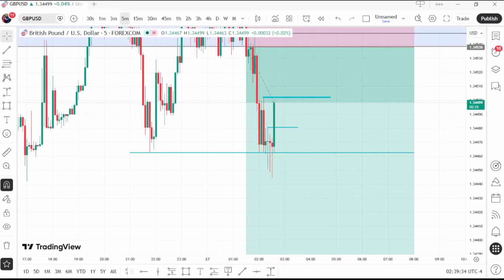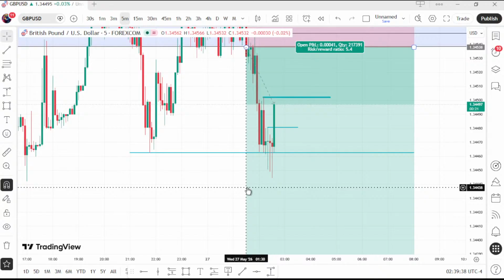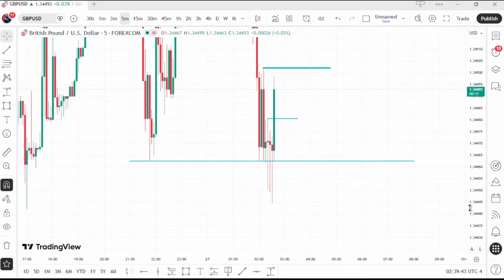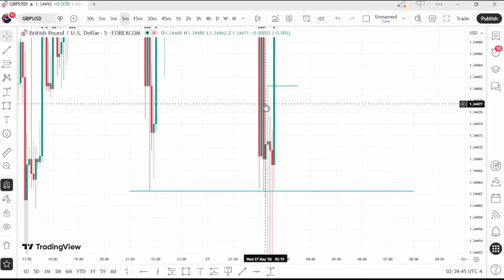Is that not a market structure shift with a fair value gap? Hello? Is that not a market structure shift with a fair value gap? I told you I'm waiting for this market structure shift, and it has happened.